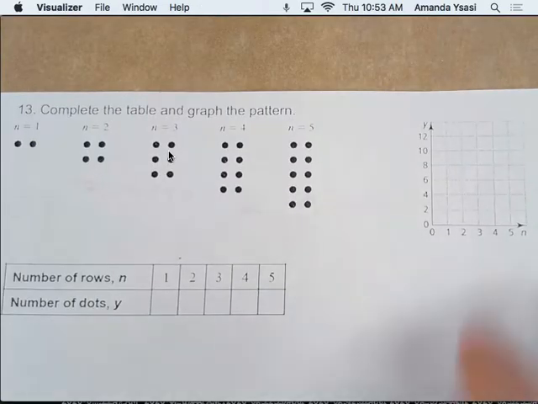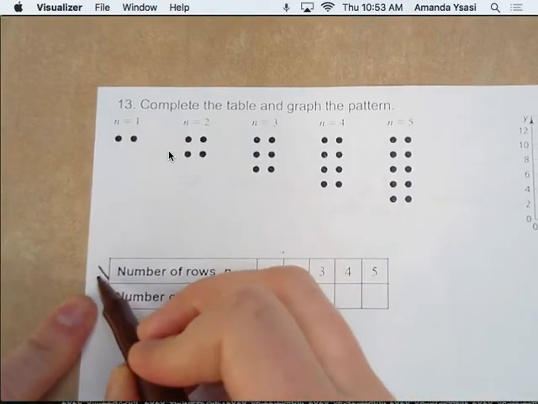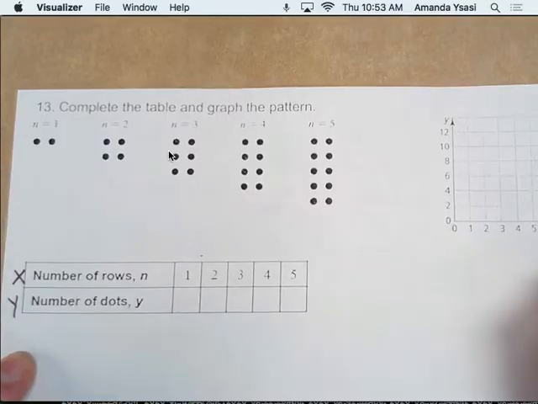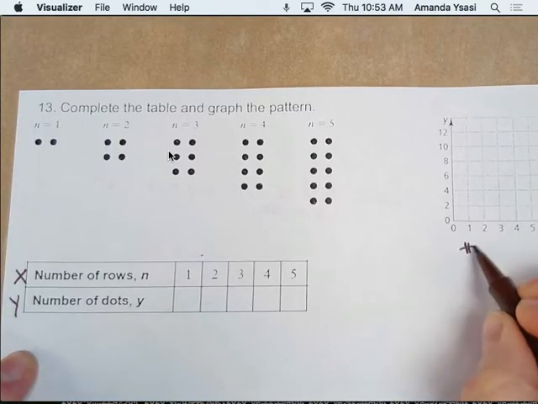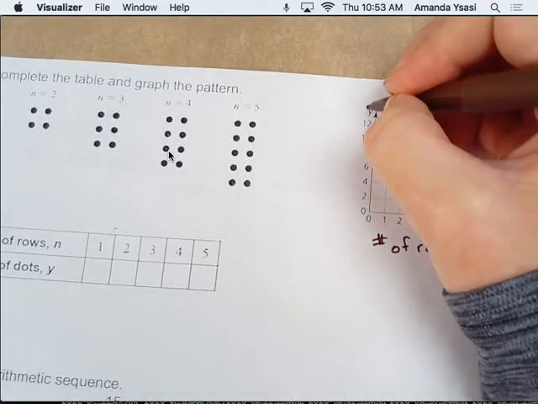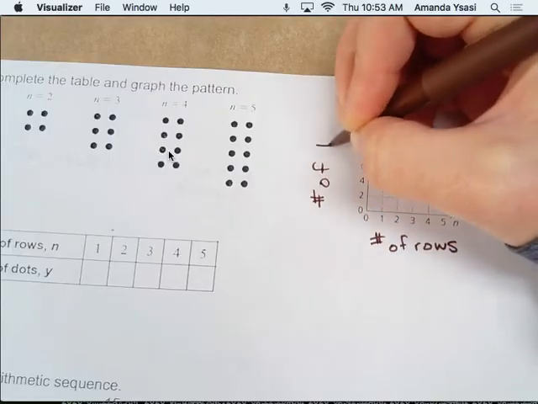Okay, so you should have completed this. X is like your number of rows. Y is like your number of dots. So we could say that this is X, number of rows. That's just what I want you to add. This already has Y, which is number of dots.